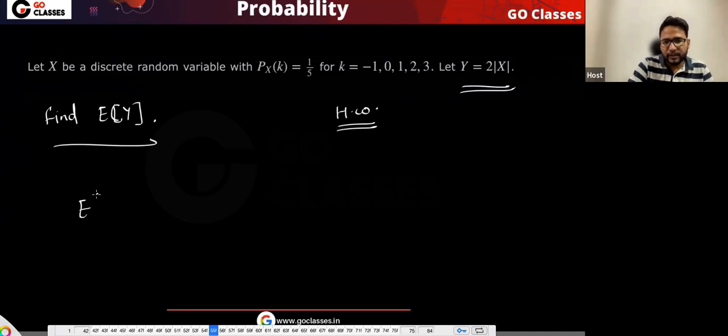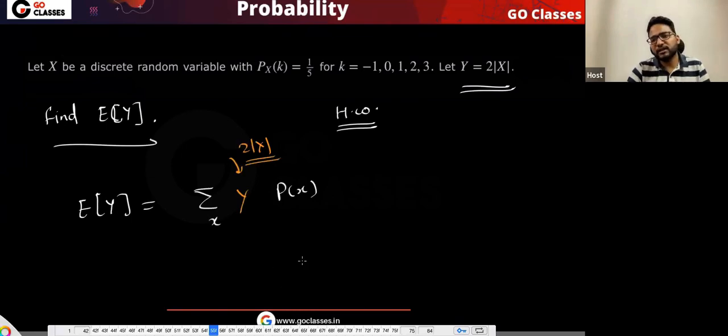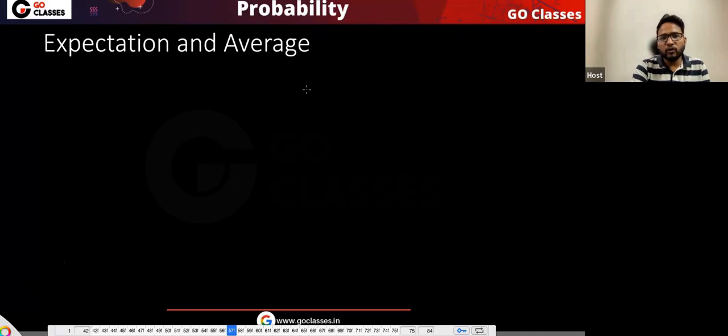You can just do it directly. Expectation of y is nothing but summation over y, where y is 2x. Just write 2 mod x. For verification, you can do it in both ways. Okay, so now you know the expectation and average. Let me quickly summarize in just one line.